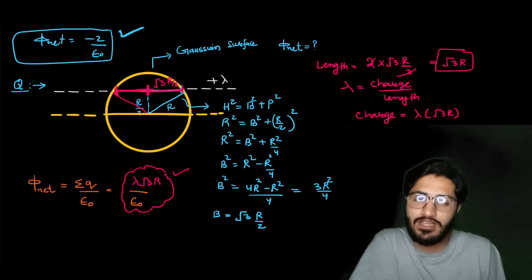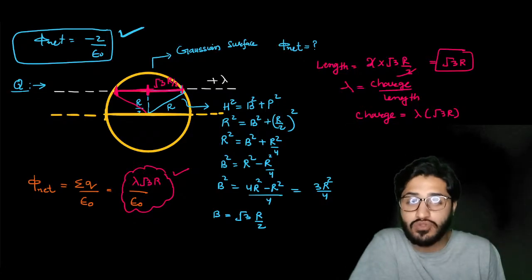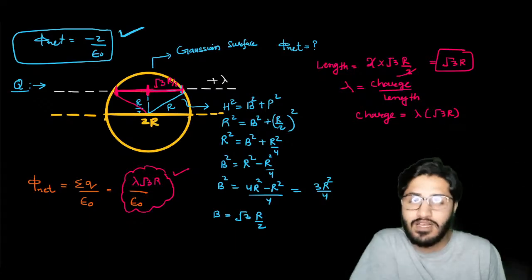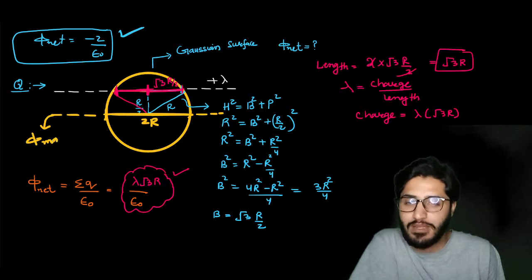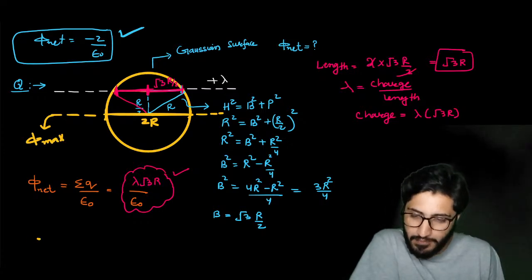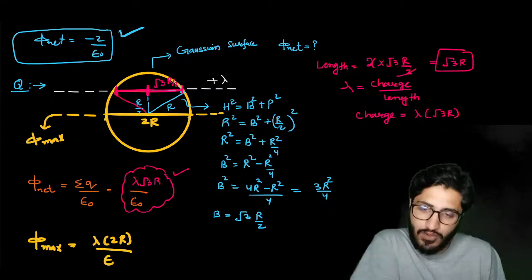You can see from here that the length will be equal to 2 times r. So if my rod is this way, I will get my maximum flux. My maximum flux will be equal to lambda into 2r whole divided by epsilon naught.